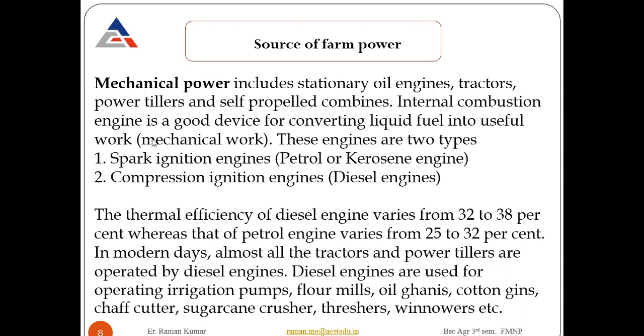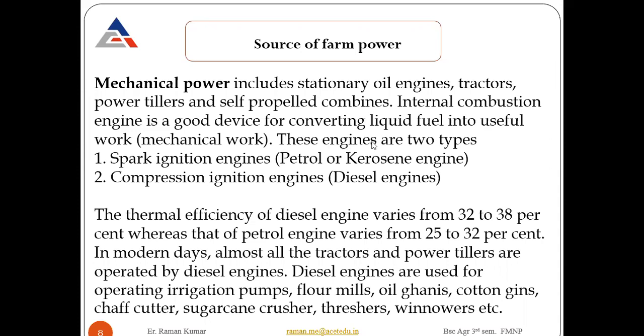As I have already told you, in two-stroke and four-stroke engines, combustion of fuel takes place, and that energy is utilized for mechanical work. There are both diesel engines and petrol engines, but for field work we mostly use the diesel engine.